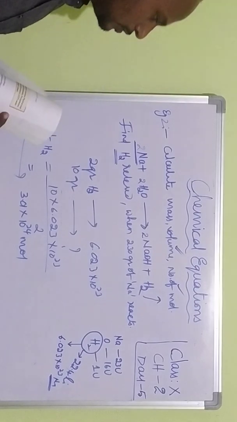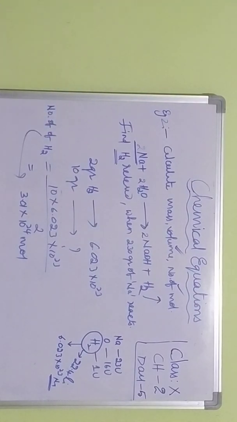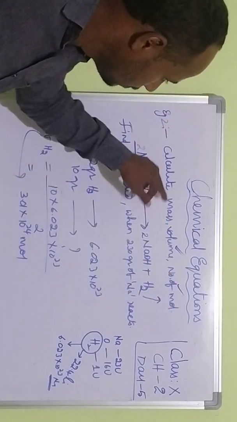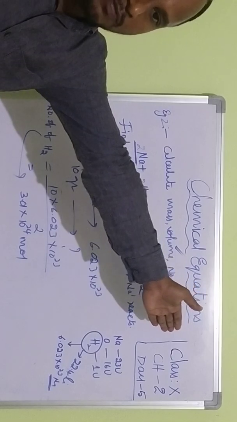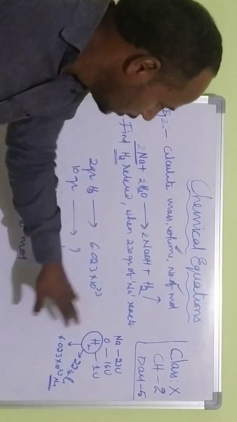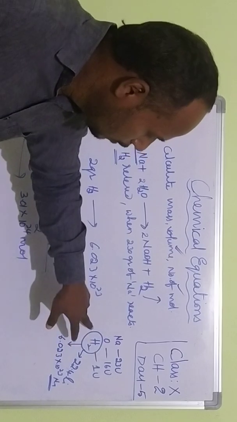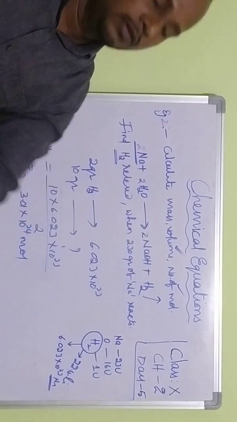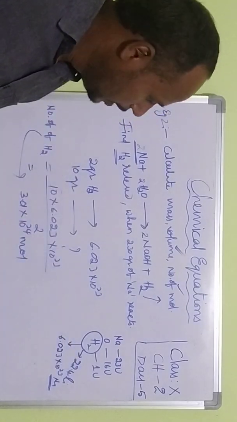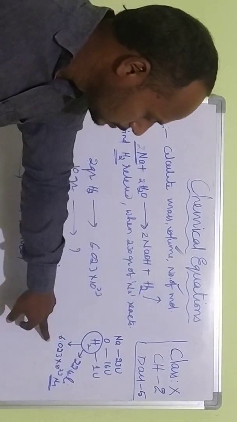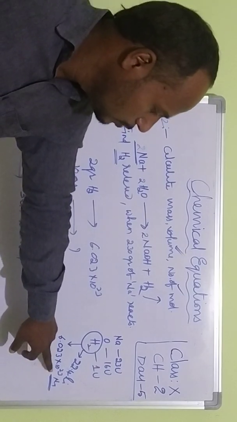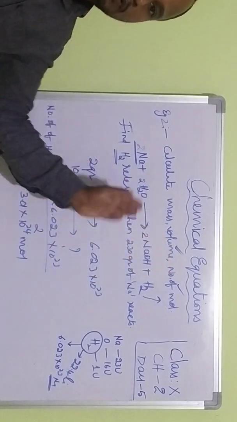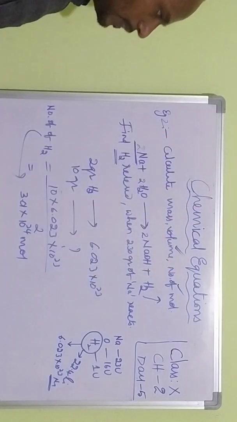So if we are given mass, volume and number of molecules: if it is mass, we can find it by using the molar mass values. If we ask volume, 1 mole occupies 22.4 liters, and for these many moles we multiply accordingly. If we ask the number of molecules, the Avogadro number 6.023 into 10 to the power of 23 is important, and using it we can find the number of molecules participating in the chemical reaction.